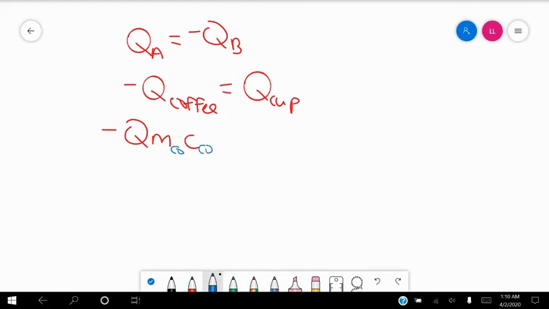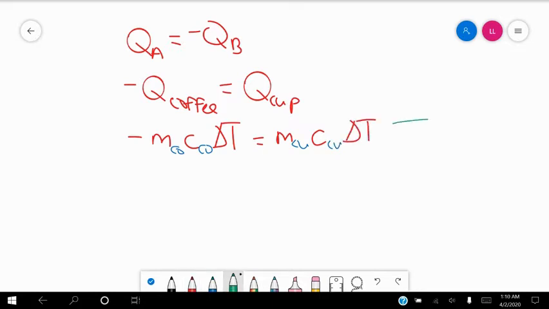So I've got the coffee and the temperature change for the coffee, and that's going to equal the cup's heat. So we're going to have the mass of the cup, and I don't know why I put in this Q here. That should just be an MCΔT. So I've got the mass of the cup times the specific heat of the cup times the cup's change in temperature.